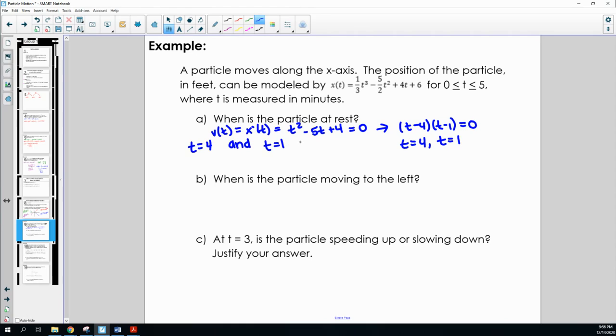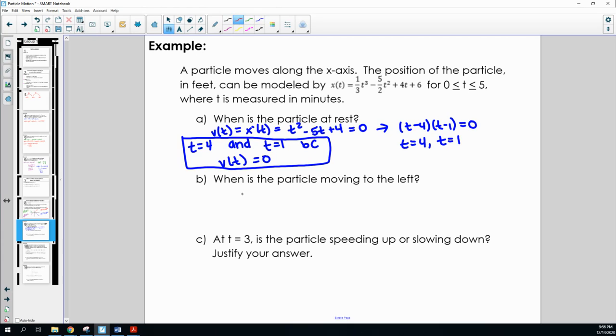And I'm going to give a justification, even though it doesn't say to, I want you to just be aware of why it is. So t equals 4 and t equals 1 because v of t is equal to 0. I'm just going to box this. Okay, so the particle is at rest at t equals 4 minutes and t equals 1 minute because the velocity is equal to 0.